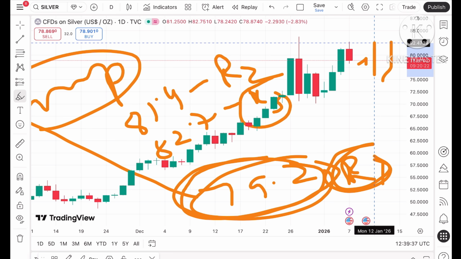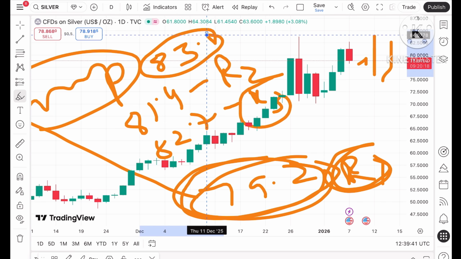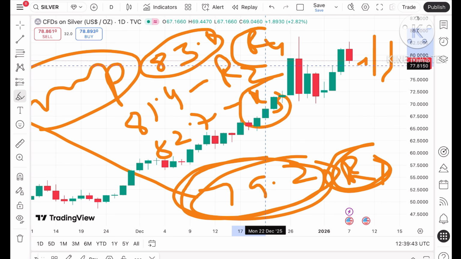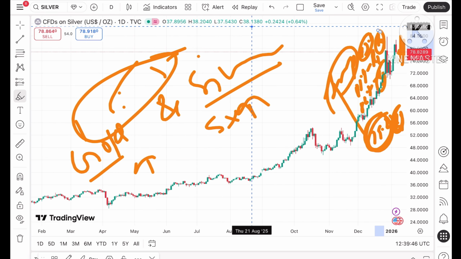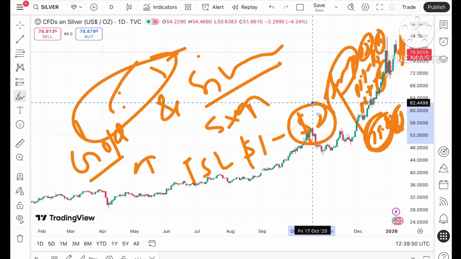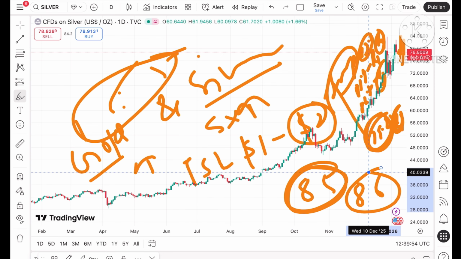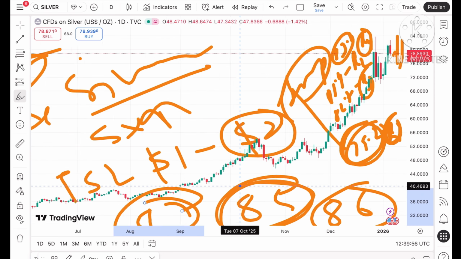And once it starts going upside, the price can go towards $83.8, which is resistance 4. Once it starts going upside, trail your SL. That is very important, trail your SL by $1 or $2. If you trail your SL, at least you will capture a high upside movement towards 85, a level of 86 or 87, and then a further upside also can be seen.